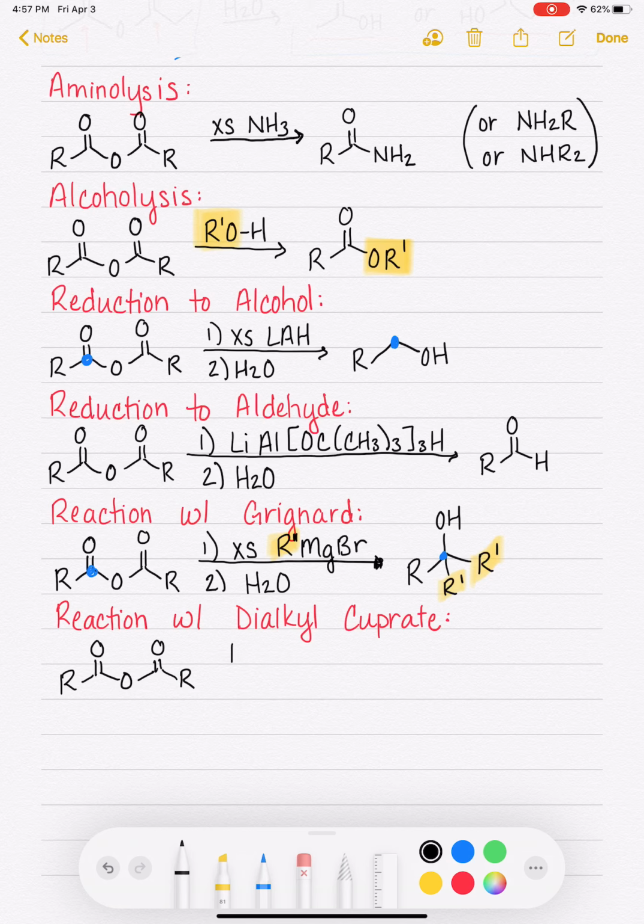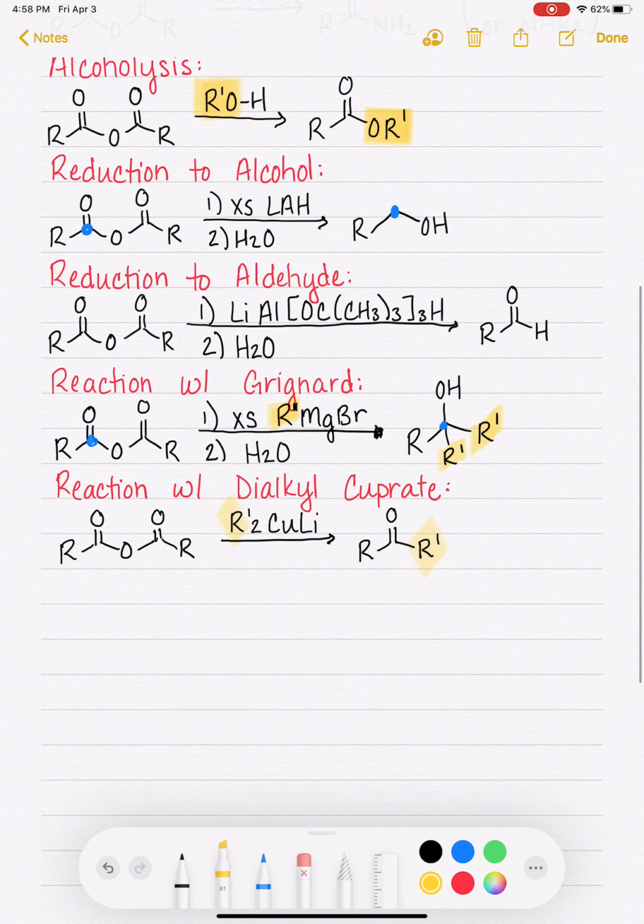This is a single step reaction, R prime 2 CuLi. There's no follow-up. This is the reagent that we use when we want to form a ketone instead of going all the way to an alcohol.